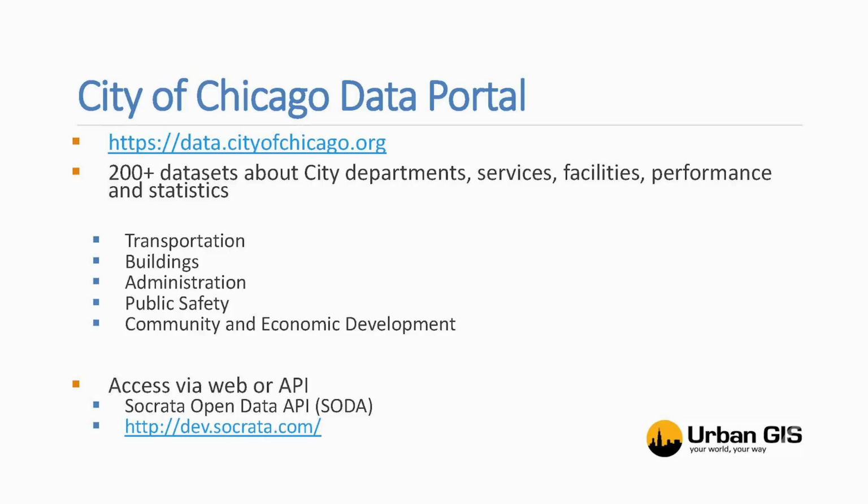They have more than 200 data sets that comprise information across all departments in the city, services. They have information from transportation. They've got different building data, public safety, economic data. I mean, there's a ton.